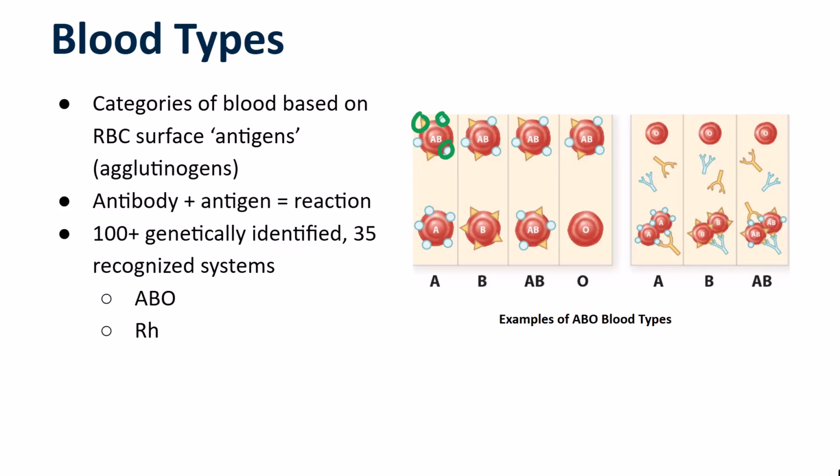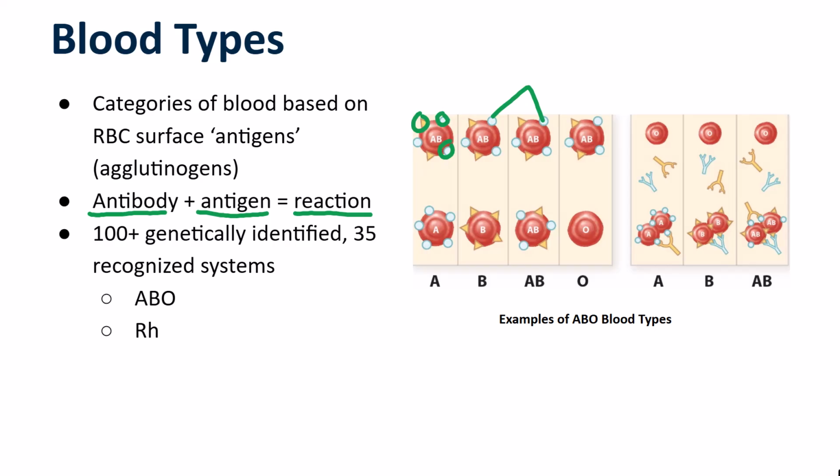And that's because oftentimes antibodies will grab a hold of two of the same and begin to agglutinate or clump those cells. Now, anytime we bring an antibody and an antigen that it can respond to together, we will have an immune response.